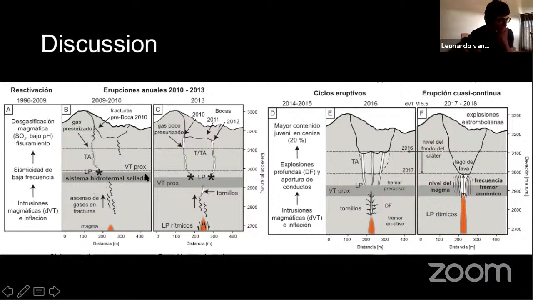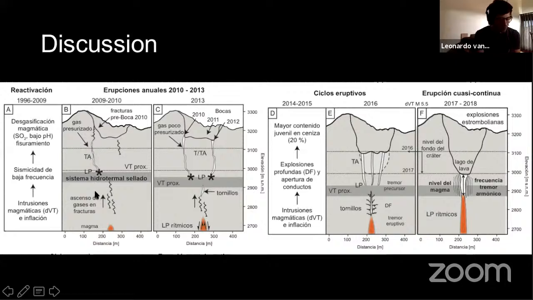So we have this hydrothermal sealed system, and maybe some rising magma that is interacting with the hydrothermal system. And we think that those LP with harmonic tremor events correspond to some inner explosions in the hydrothermal system.